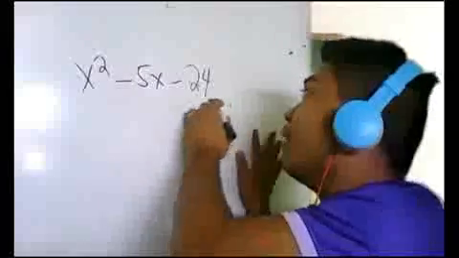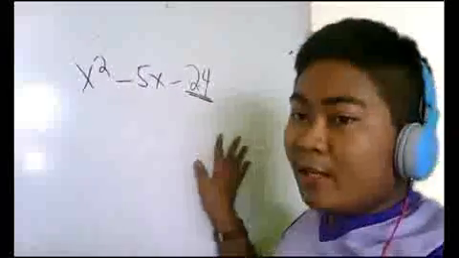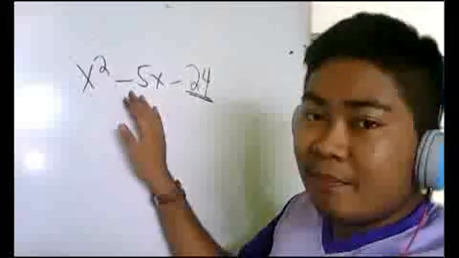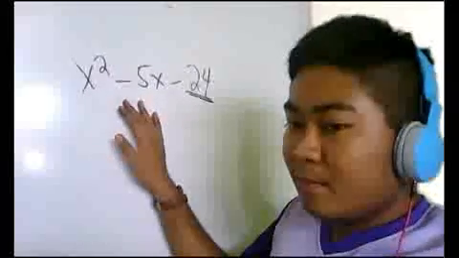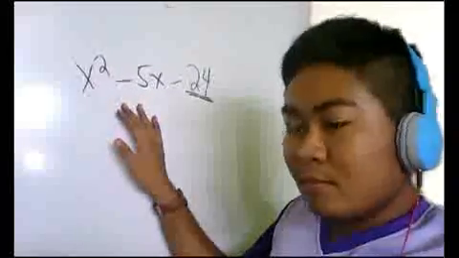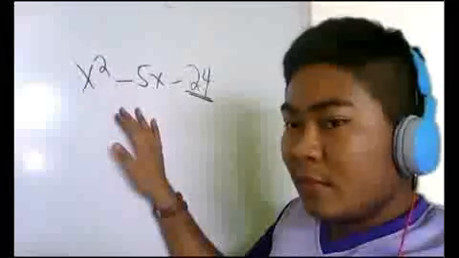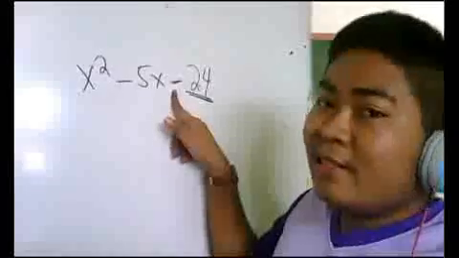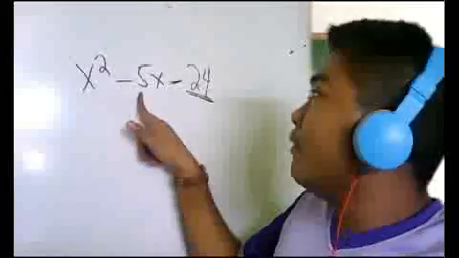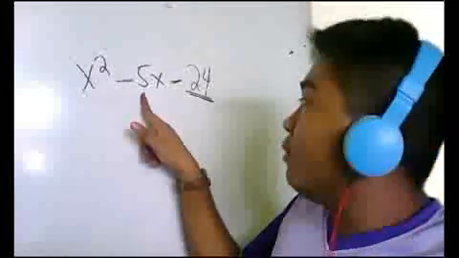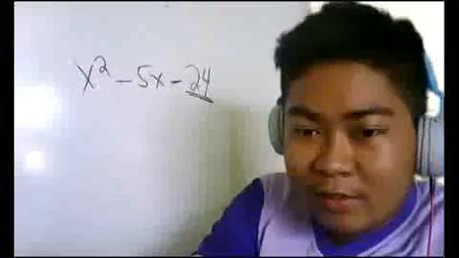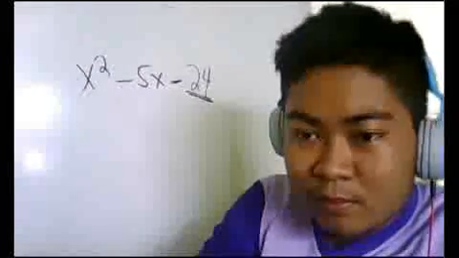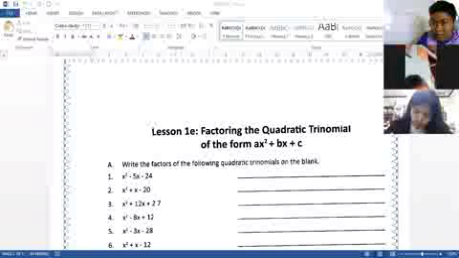So, think of a factor of 24 that would become negative 5. Anong pwede? So, since this is negative, kailangan negative din yung magiging sagot. Ayan, tama.